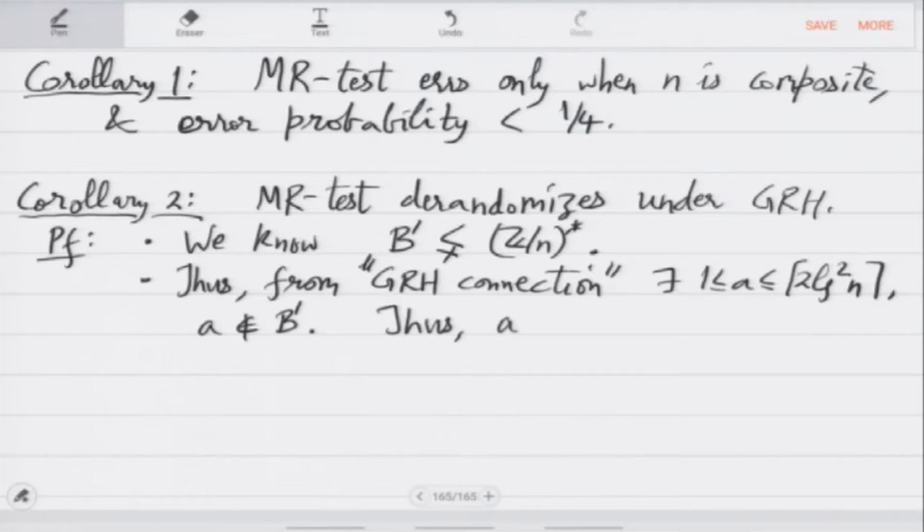Thus the same A is not in B, because B is a subset of B prime.